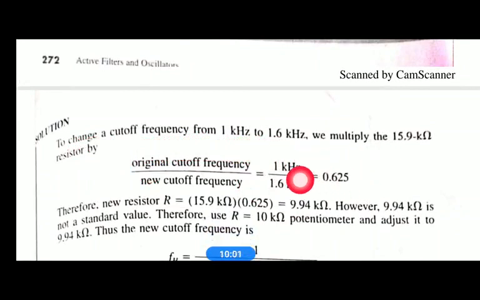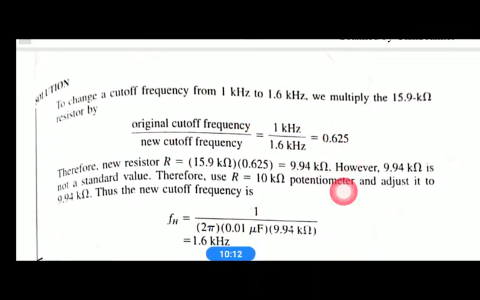The ratio is 0.625. Multiplying this with 15.9 kilo ohm from the previous example, we get 9.9 kilo ohm as resistor R.